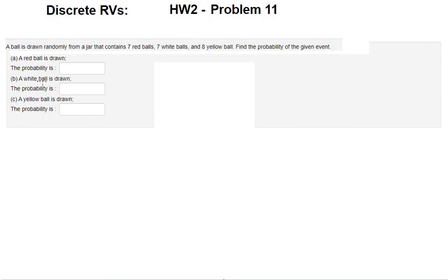Problem number 11. A ball is drawn randomly from a jar that contains 7 red balls, 7 white balls, and 8 yellow balls. Find the probability of the given event. So our sample space omega has 7 plus 7 plus 8, 22 balls.